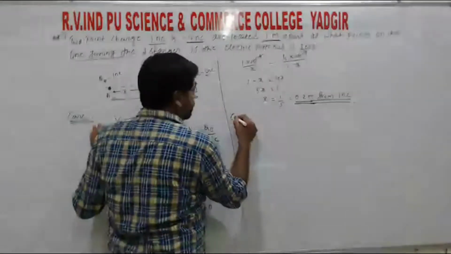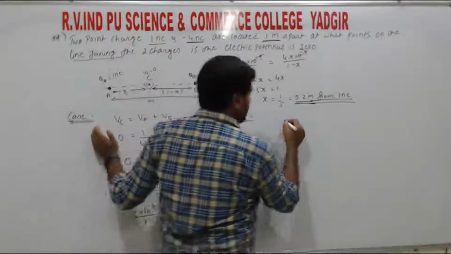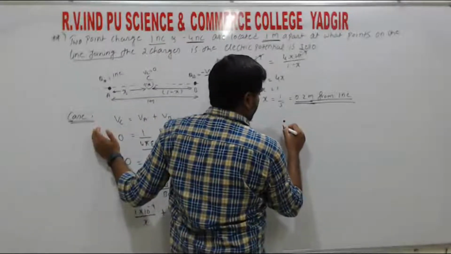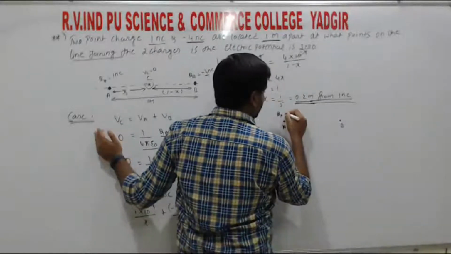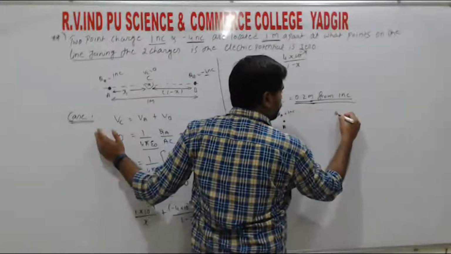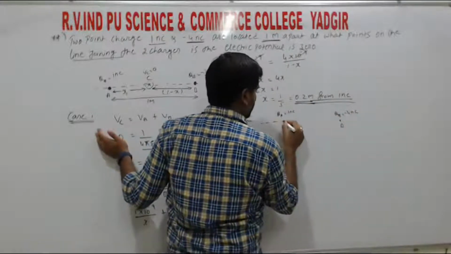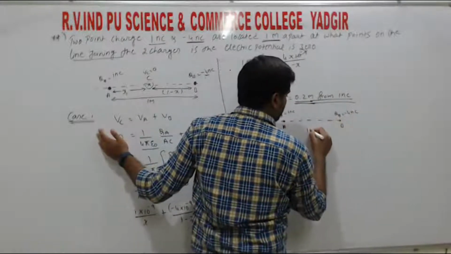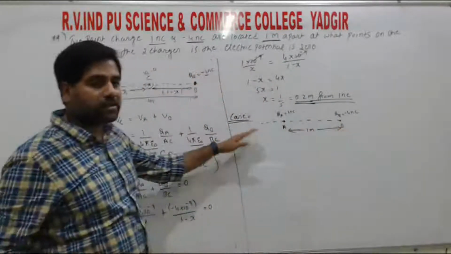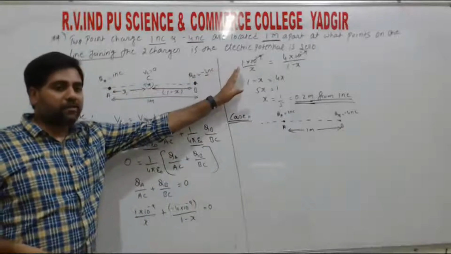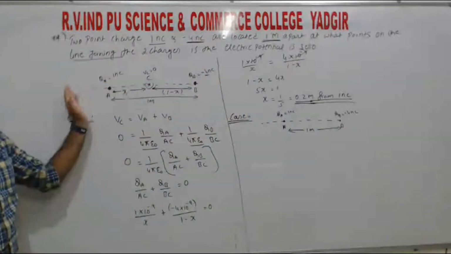Next, in the second case, again considering the same charges, point A and point B. QA is equal to 1 nanocoulomb, QB is equal to minus 4 nanocoulomb. The distance between A and B is 1 meter. In the second case, we can take the x value either outside point B or outside point A, as you wish.